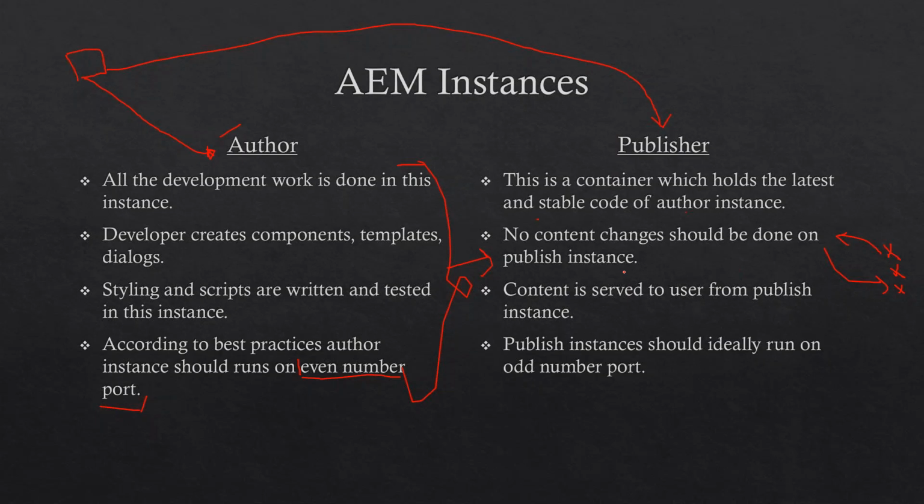This is the working software that I have given you. Now you decide whom you want to give the data to, or whosoever is asking, you give the data to them. Publish instances usually run on an odd port number. For example, if this is running on 4502, then this would be running on 4503.